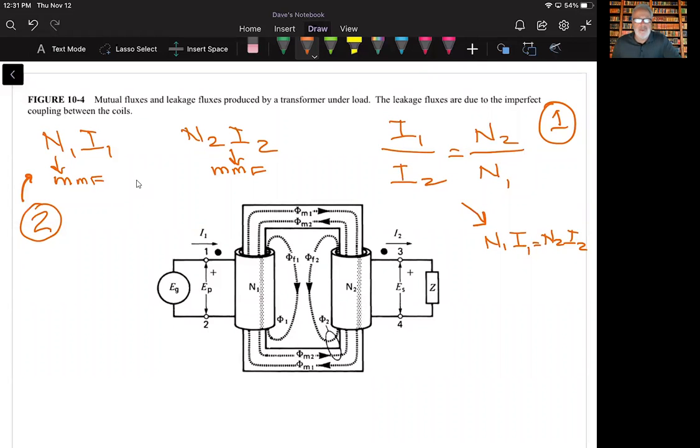Secondly, we want to recognize that there is a magnetomotive force created by I2 that's equal to number of turns times the current. There's another magnetomotive force or flux that's created from I1 that's equal to N1 times I1. And we want to recognize that these forces are equal and in direct opposition when I1 flows into the polarity mark and I2 flows out of the polarity mark.